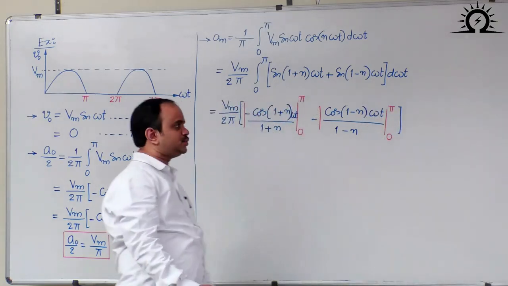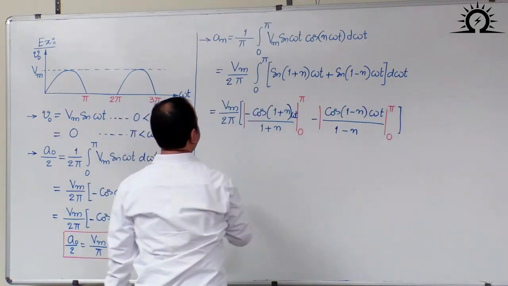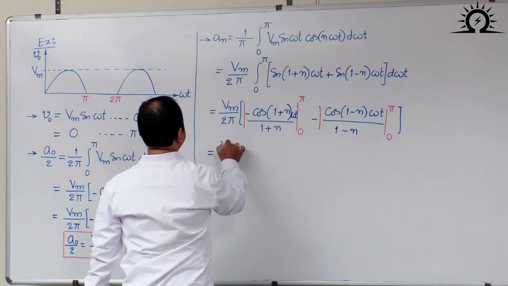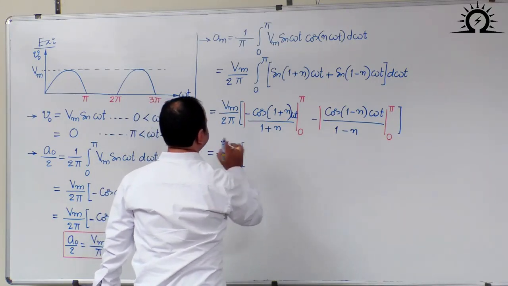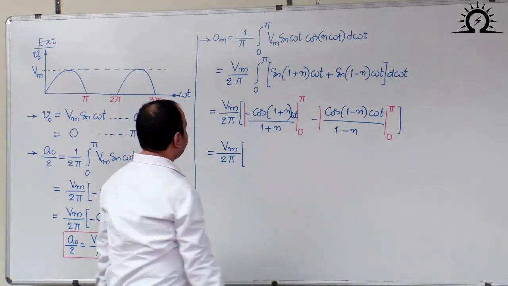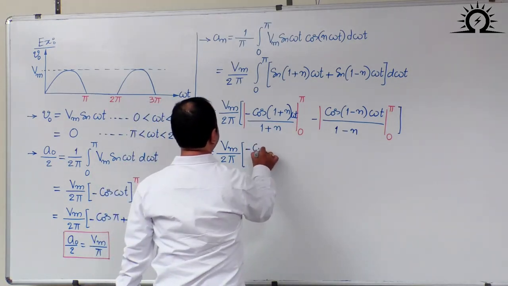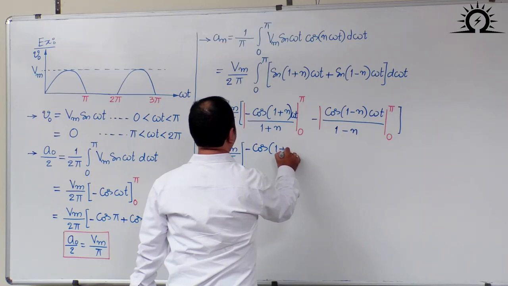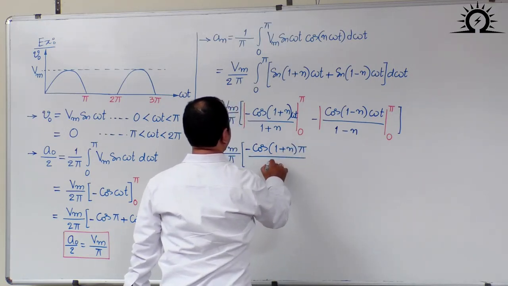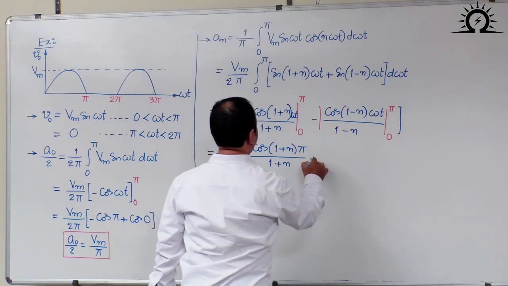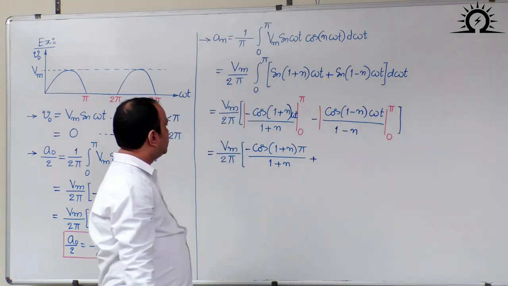Now let us substitute the limits here. So what we will get? Vm by 2 pi, upper limit is minus cos of 1 plus n into pi, denominator 1 plus n.